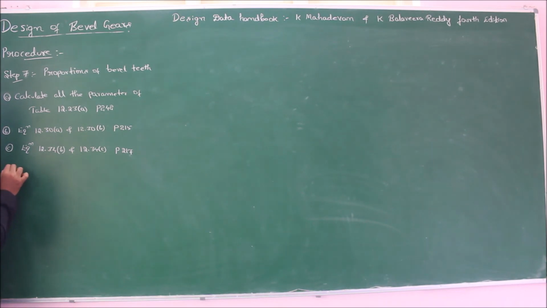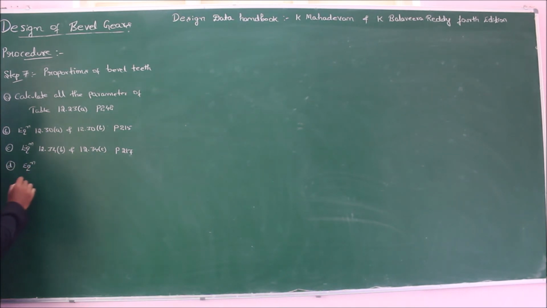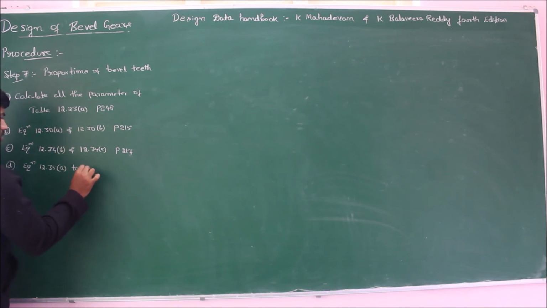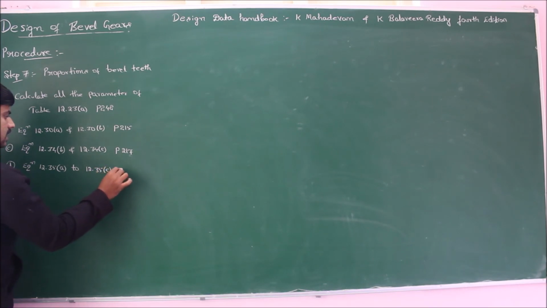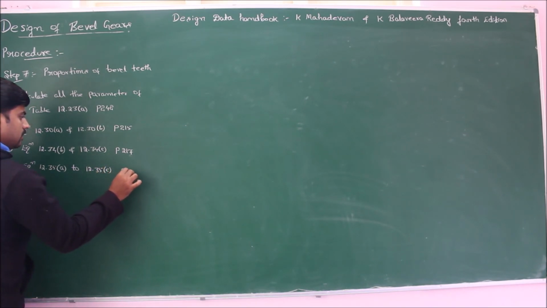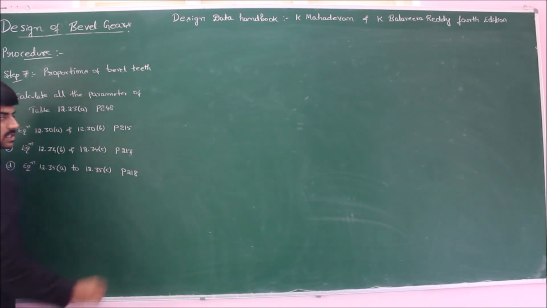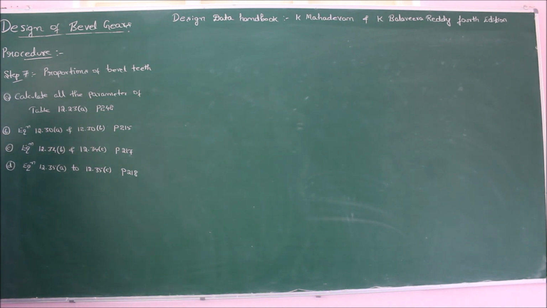And finally, you also calculate or solve equation 12.35a to 12.35c, presenting page number 218. So this completes our step 7, wherein we will be calculating proportions of bevel teeth.